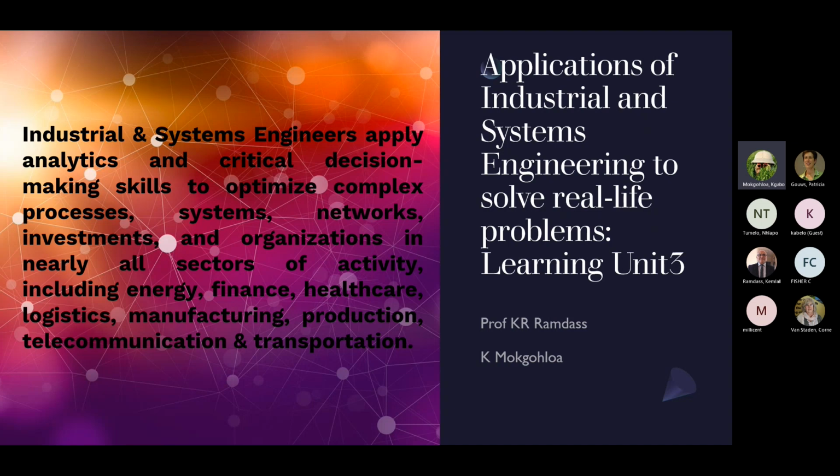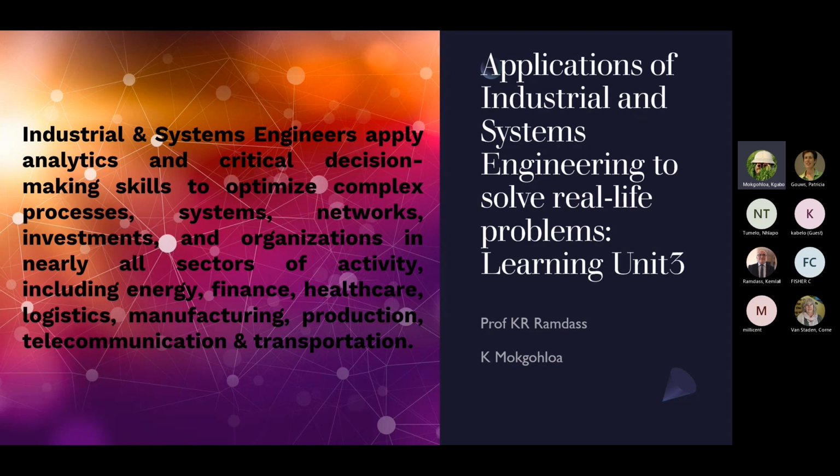So you need to be very thorough and meticulous in doing what you do. So optimizing all these complex processes and systems and networks, investments, organizations in nearly all sectors of activity, including energy, finance, healthcare, logistics, manufacturing, production, telecoms, and transportation. And you have seen now in the video implementation of the same industrial and systems engineering tools in a hospital.